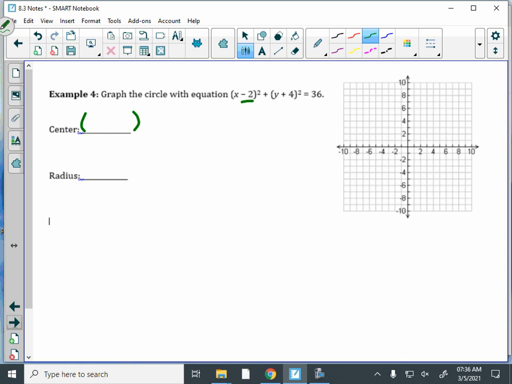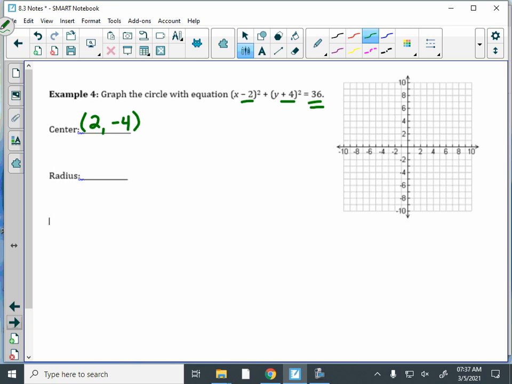It changes. So if it's negative, it turns positive. Whatever is paired with the y is the y value of your center, but again, change the sign. So if it's a positive 4, it's going to turn to a negative 4. I also need to know the radius to graph. So again, what do we have to do with this back number to get the radius?